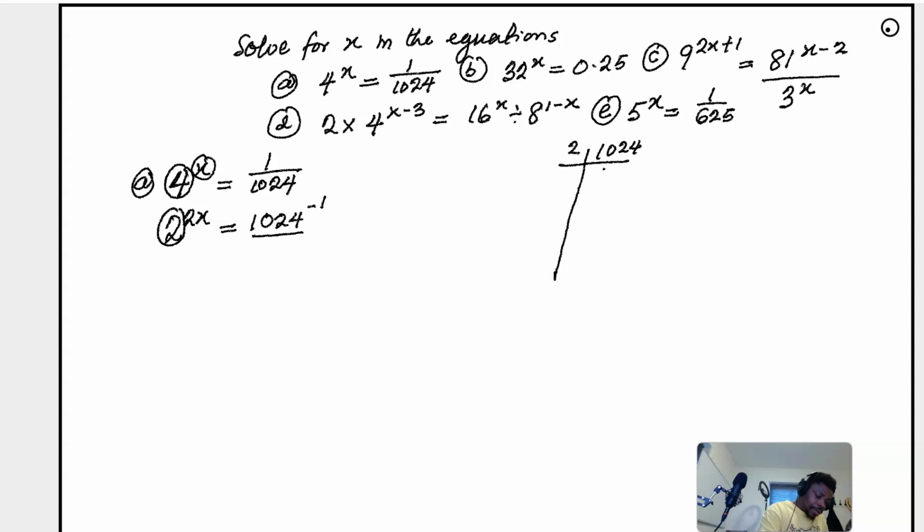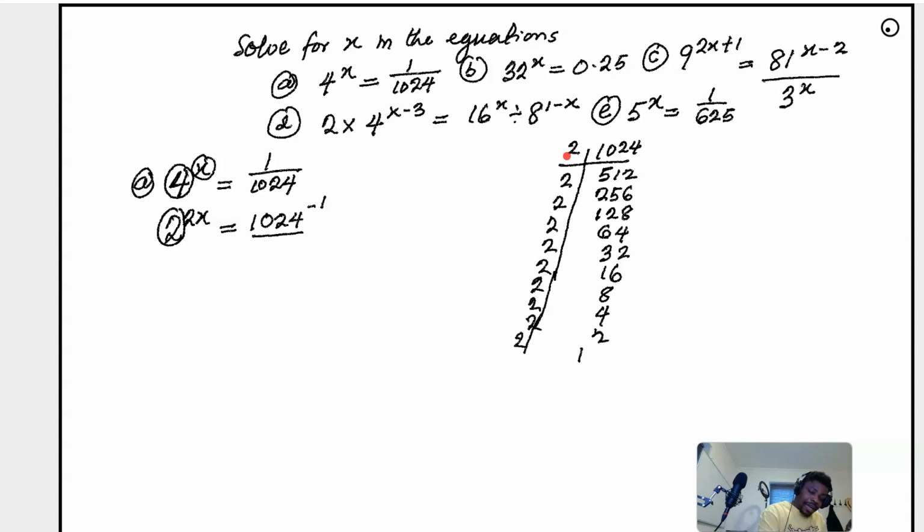So 2 here, 512. 2 here, 256. 2 here, 128. 2 here, 64. 2 here, 32. 2 here, 16. 2 here, 8. 2 here, 4. 2 here, 2, and 2 here, 1.